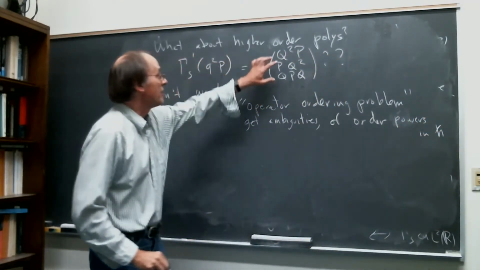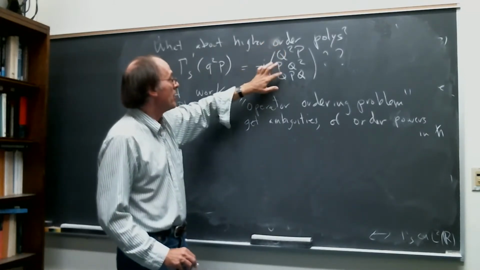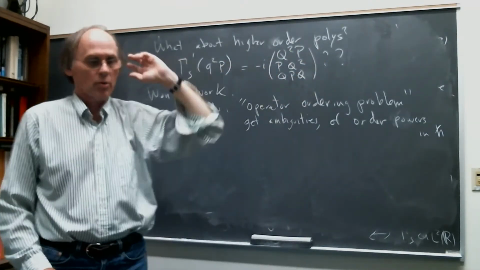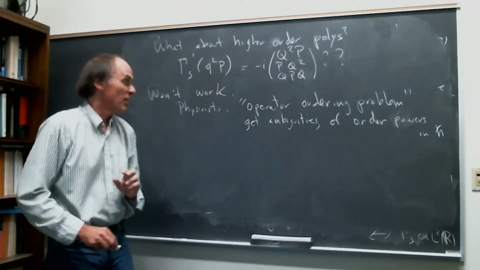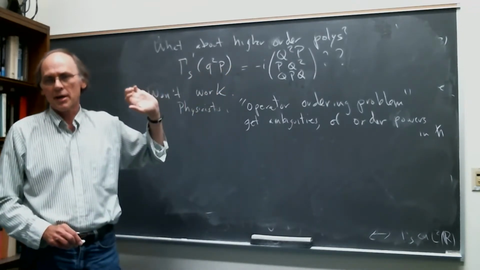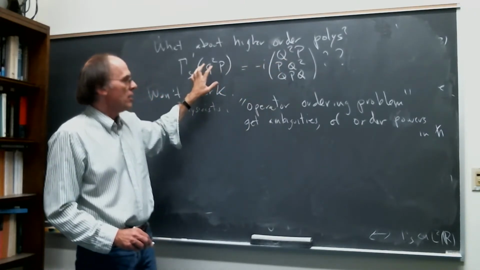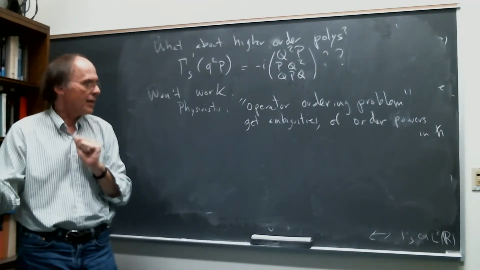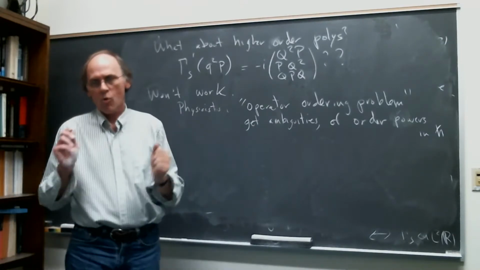So it's going to turn out that the difference between any two of these choices can be written as something involving some powers of h bar. So what the physicists typically say about this is, well, we actually don't know how to quantize higher order polynomials in P and Q in any way that really would satisfy what Dirac wanted.